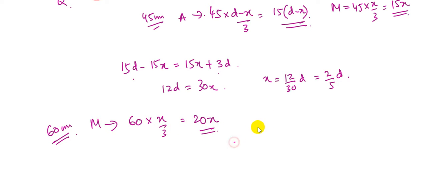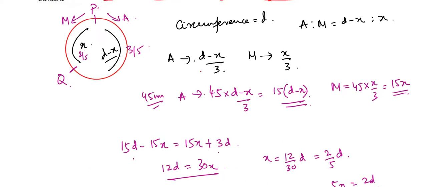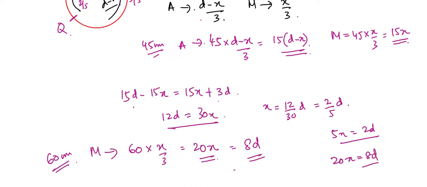Now 20x, from here I can see 5x is twice d. So 20x will be equal to 8d. So this would be 8 times d. That means 8 rounds of the track. So in 1 hour, the number of rounds that Meera covers is 8.